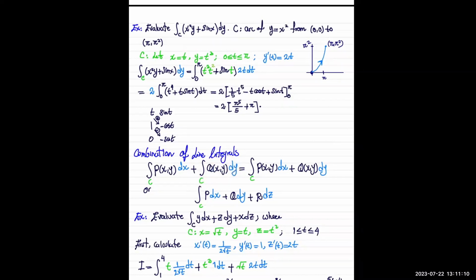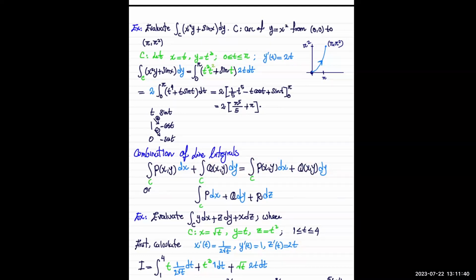In short, you can write this as a single integral along c, because these are both along the same curve, of, without parentheses, p dx plus q dy, and the integral of that.